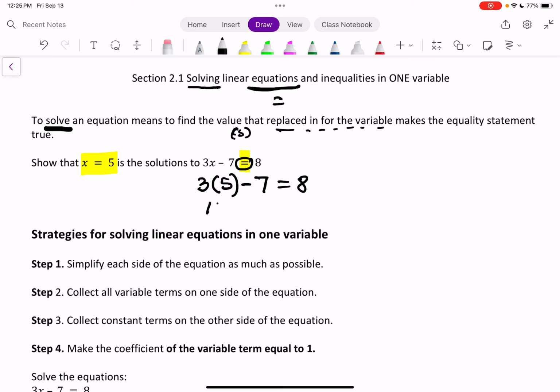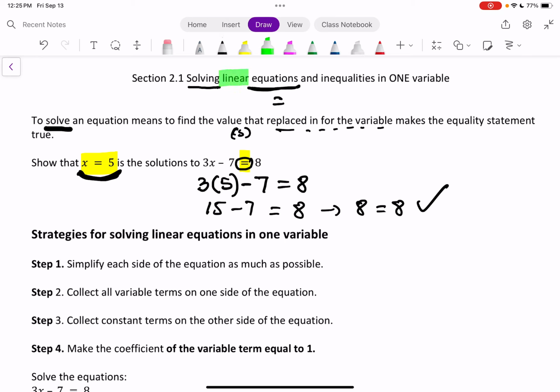And sure enough, 15 minus 7 is 8. And that is true. So therefore, x equals 5 is the solution to this equation. Okay, it is the number that replaced in for the variable makes the equality statement true. So to solve an equation means to find this value. Okay, and then again, sometimes there might be more than one value that makes the equation true.